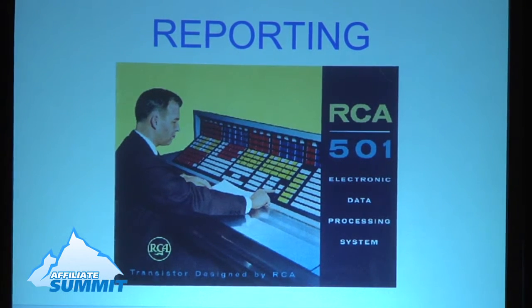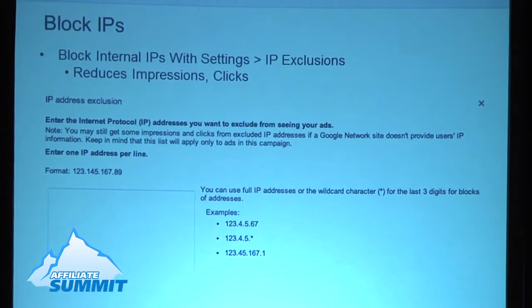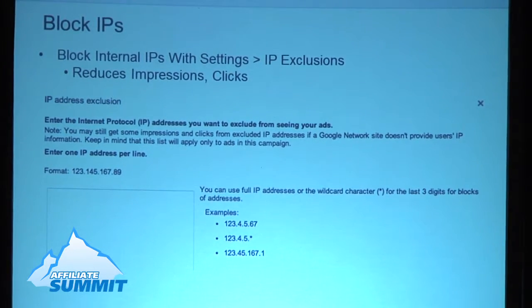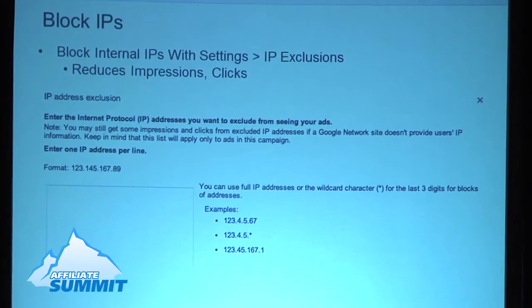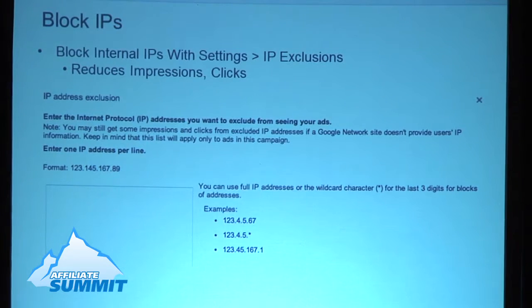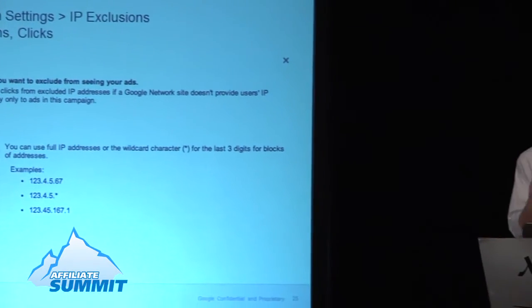And so in reporting, one of the things you can do is block IPs. This is most important in a couple of cases where you just don't want your ad to show up. An example is if you don't want your marketing department to continually be inflating your clicks or showing up someplace.